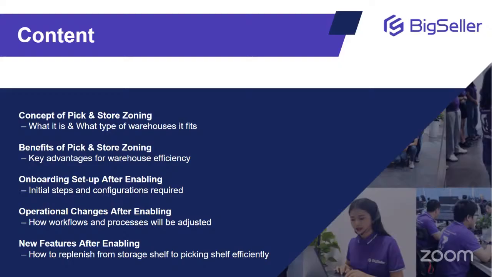Then I will mention some changes after enabling pick and store zoning. And number four, I will teach you how to restock from storage shelves to the picking shelf and how to process orders. Finally, I would also recommend some useful tips to get the best results and avoid common mistakes.